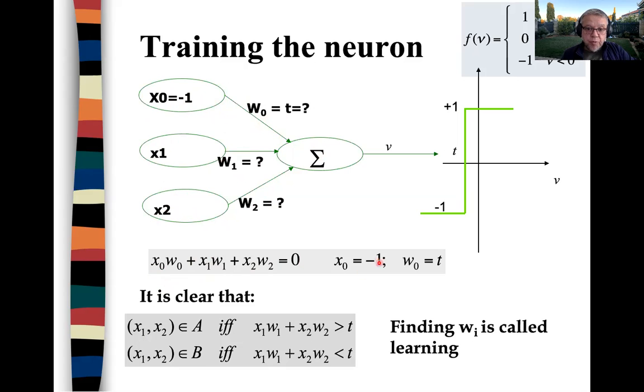We've set x0 equal to -1, so that if x1 W1 plus x2 W2 is greater than the threshold, then the neuron fires and gives us +1. If it is less than the threshold, it gives us -1. So our output is not 0 and 1, it's -1 and +1.